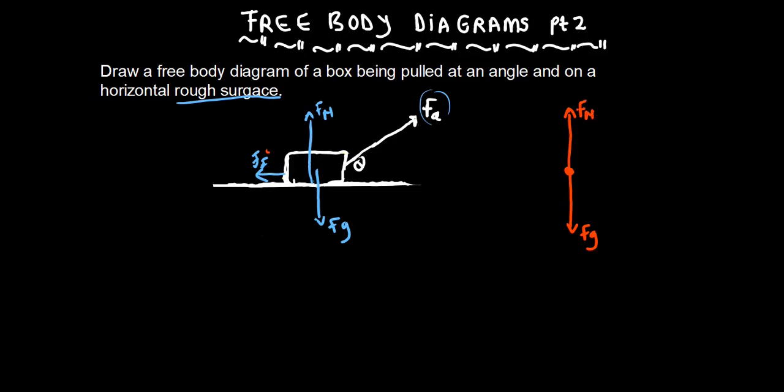We also have the frictional force, which we put in this direction. Then we have the force applied, but it's applied at an angle, so we draw it in that direction at that angle and label it. This is the force applied.